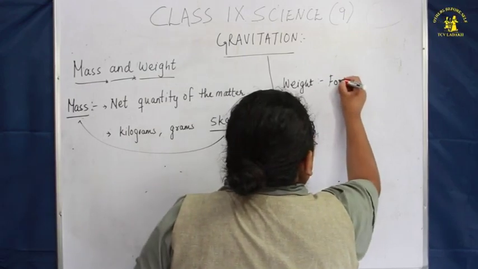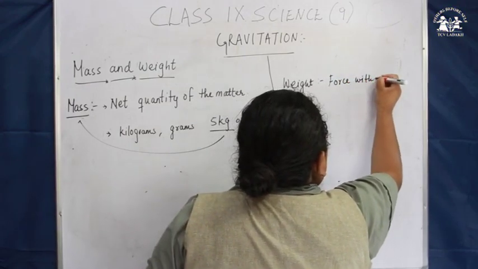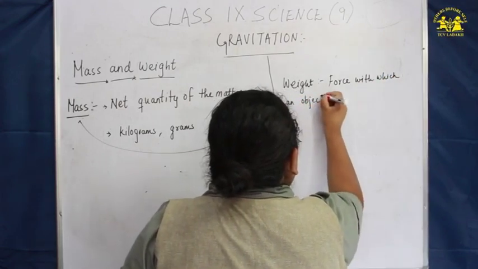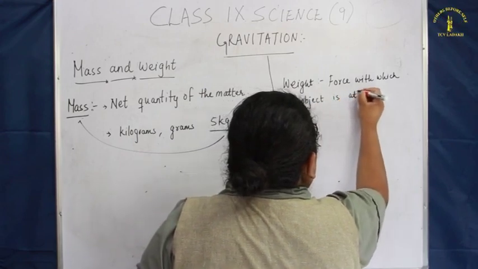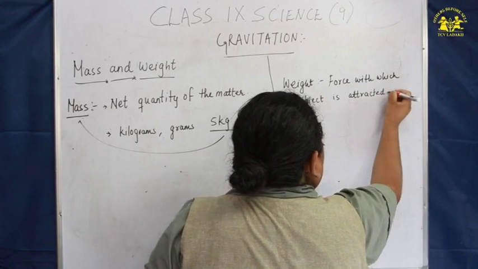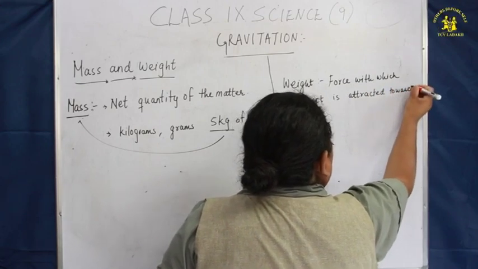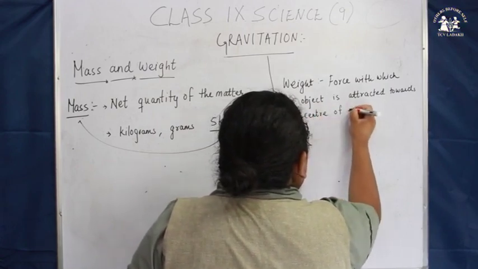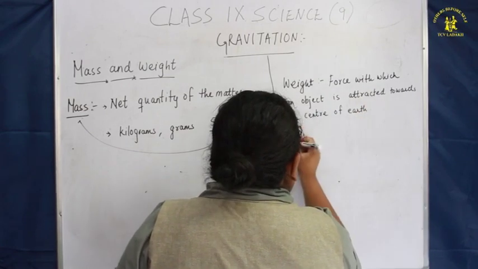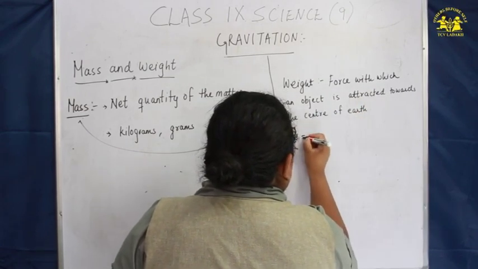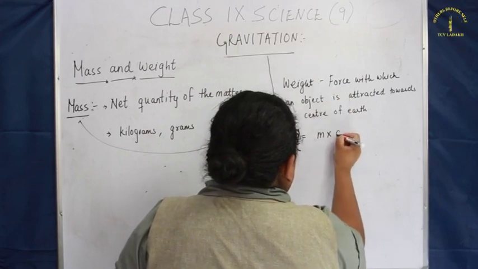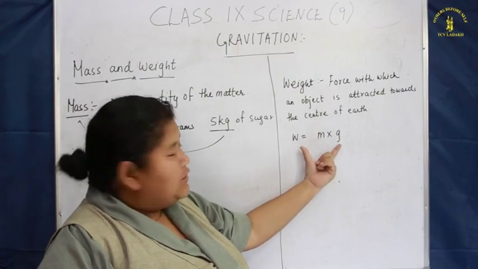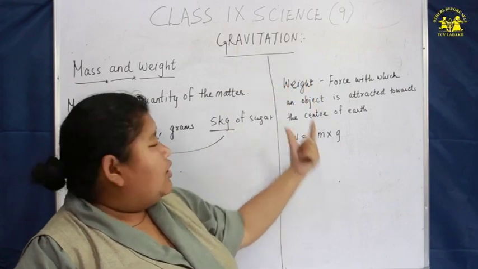So it is the force with which an object is attracted towards the center of the earth, right? So we can write weight is equal to force, and we can use this formula to calculate the weight of a particular object.